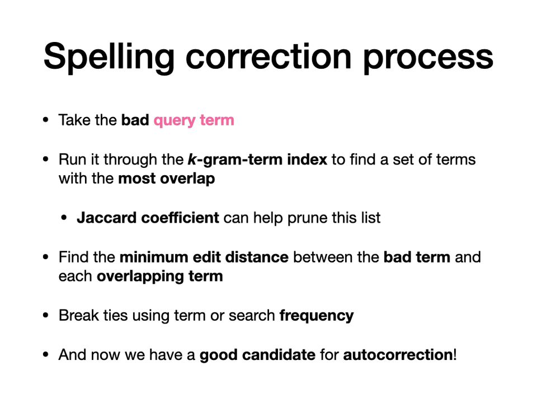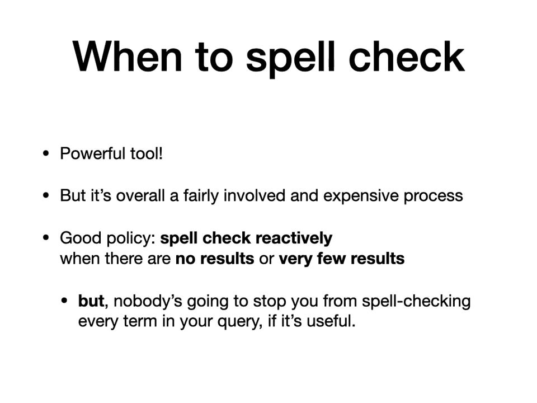Now, this is an expensive process. It's a great tool to offer to your user. It's a great thing to give them on the side. And it's powerful, right? But it's costly. So when do we do it? There's a pretty simple policy. There's a good rule of thumb. Do it reactively.